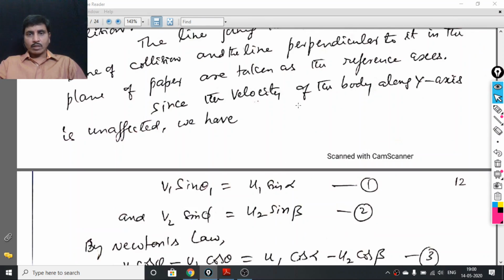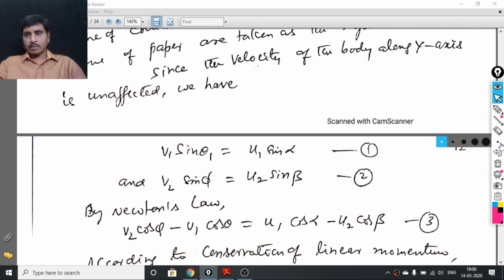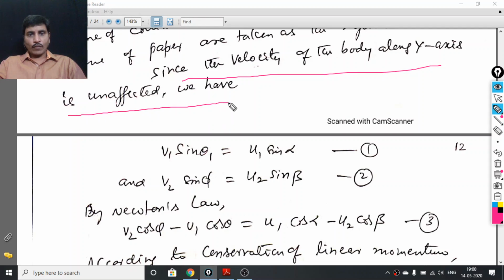Since the velocities of the bodies along the y-axis are unaffected, the components of the particles along the y-axis are the same. Hence, v1 sin theta is equal to u1 sin alpha, and v2 sin phi is equal to u2 sin beta.